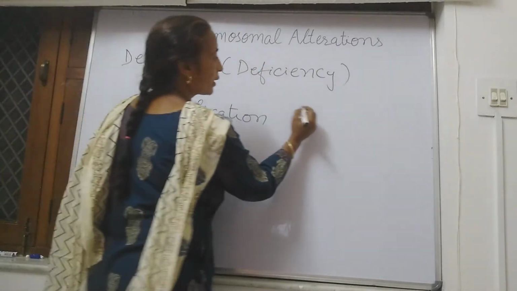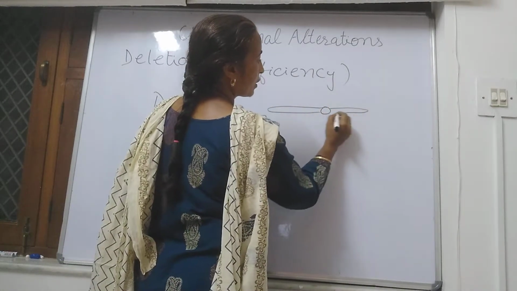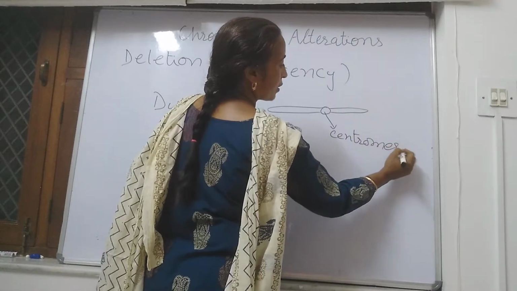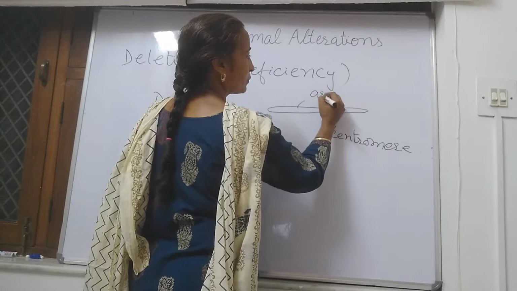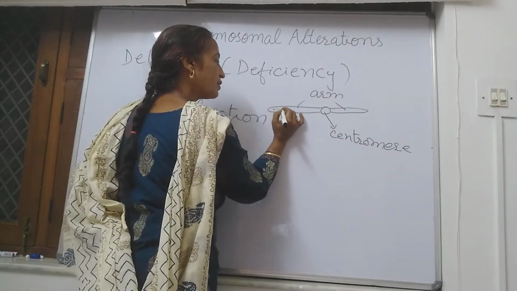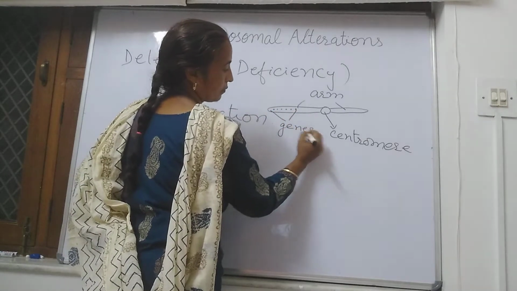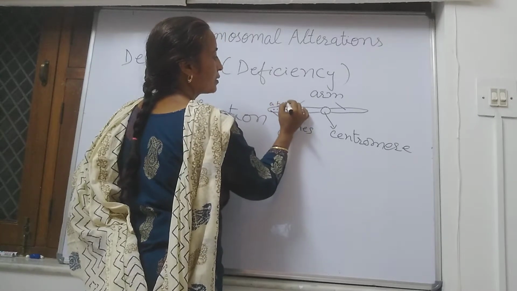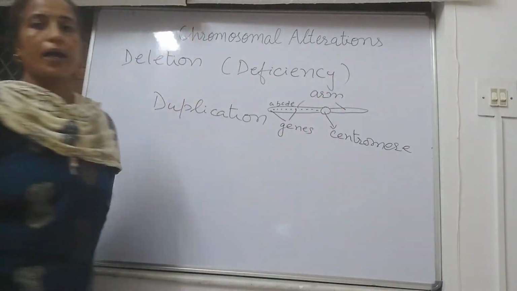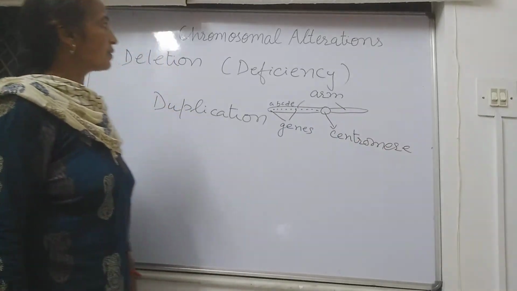As you know, in a chromosome, first of all, I will tell you the structure of a chromosome. This is the centromere, the chromosome arm, and in this there is a specific sequence of genes: A, B, C, D, E, like this. And these genes are arranged in a specific sequence.